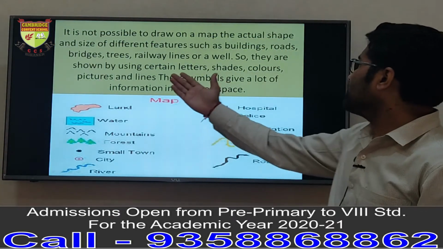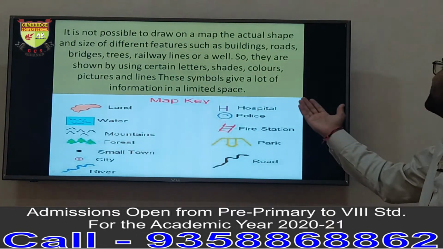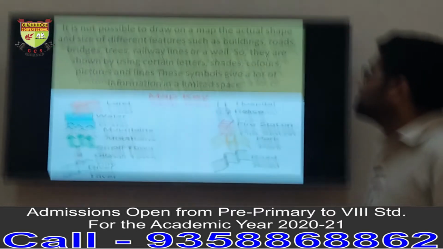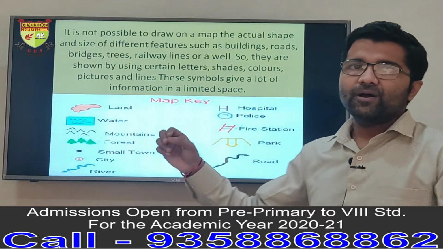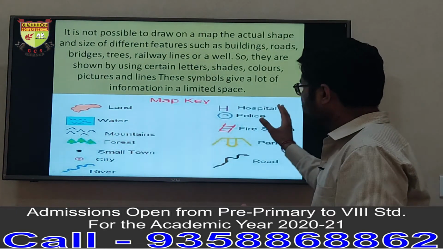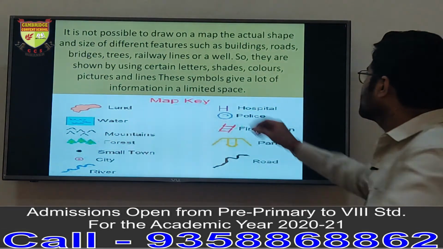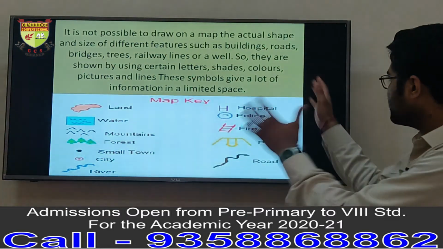It is not possible to draw a map with the actual shapes and sizes of different features such as buildings, roads, bridges, trees, railway lines or a well. We cannot draw them on this map. Like if I want to draw a particular school building, can I draw it on the map? That school building is huge and I cannot draw it completely on this map.